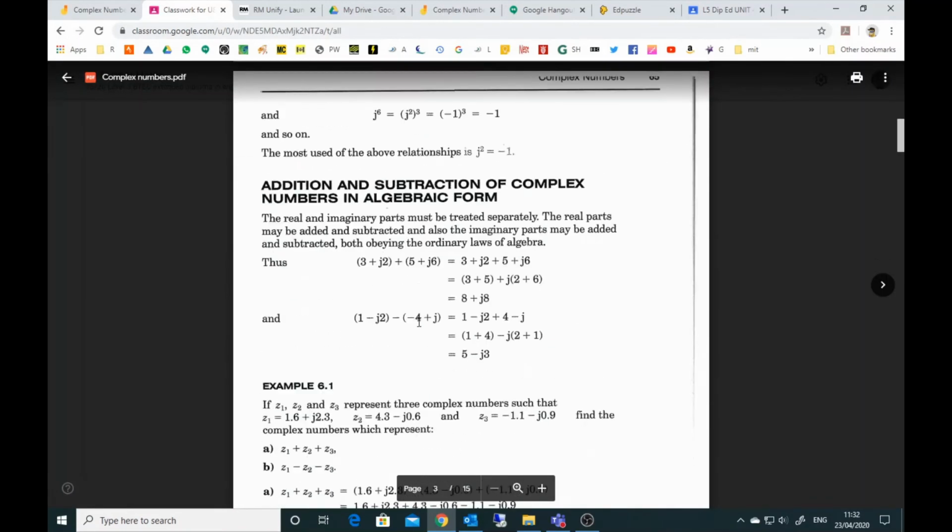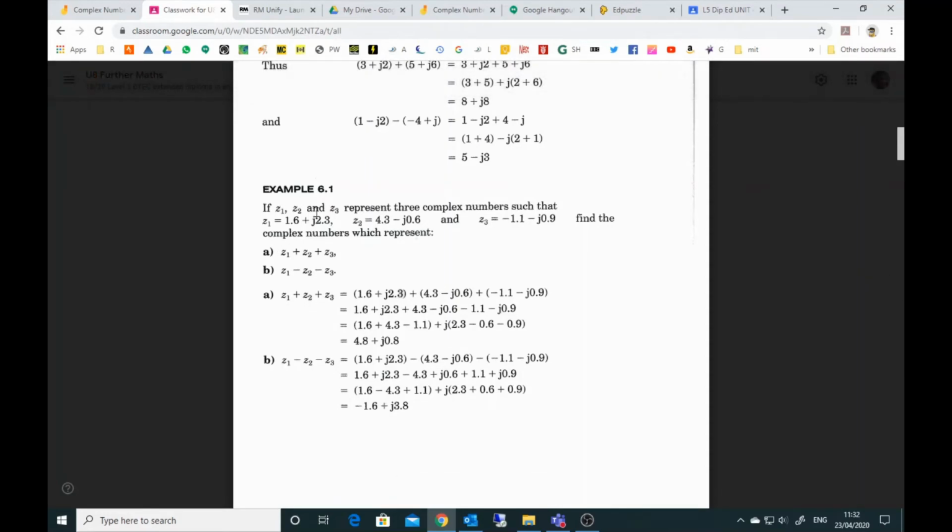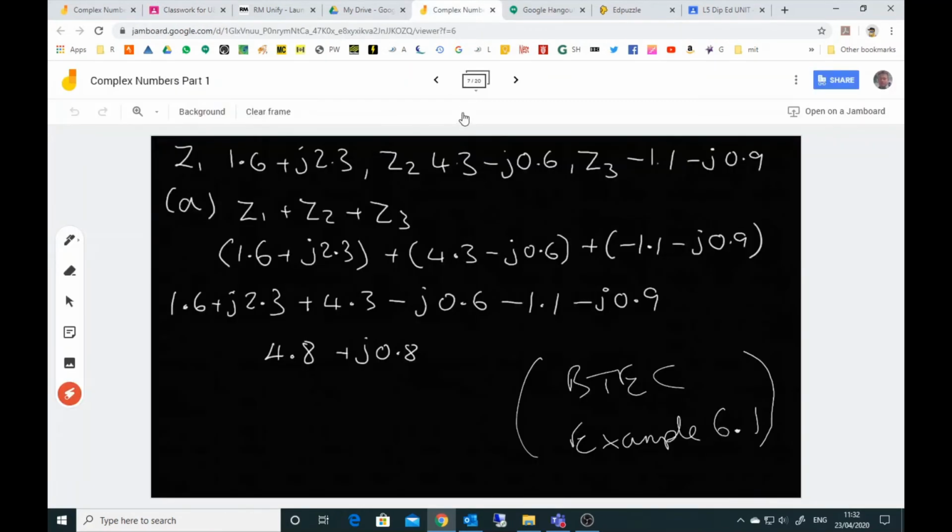This should be question 6.1 A, I think. It says, if Z1, Z2 and Z3 represent three complex numbers such as that, that and that, find the complex numbers which represent. The first one is Z1 plus Z2 plus Z3. So that's where that's come from if you want to go and look at it.